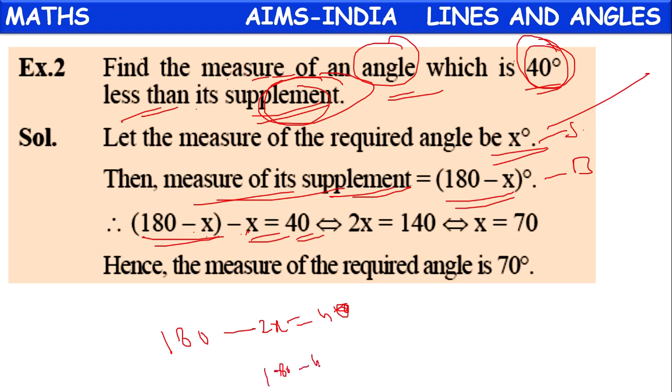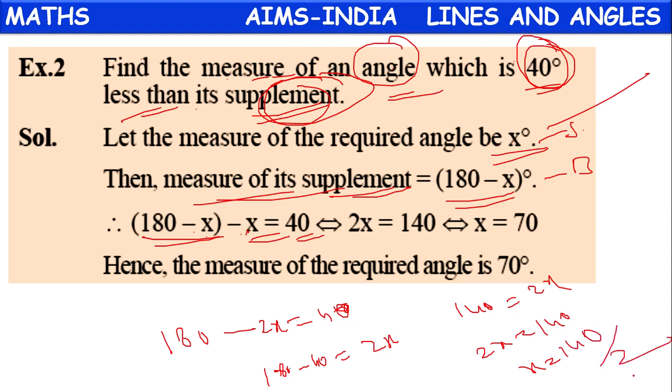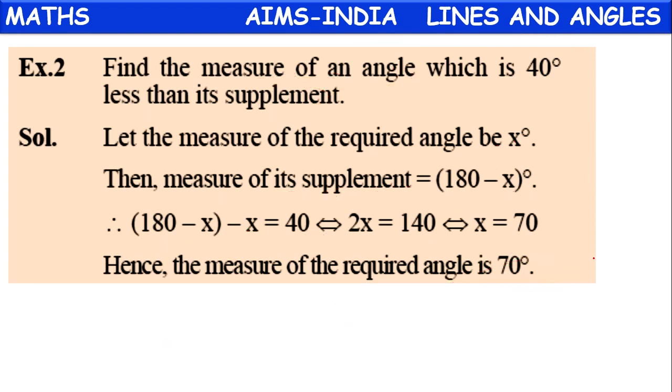So 180 minus 40 equals 2x. 180 minus 40 means 140 equals 2x, so x equals 140 by 2, which is 70. So the x value is 70 degrees.